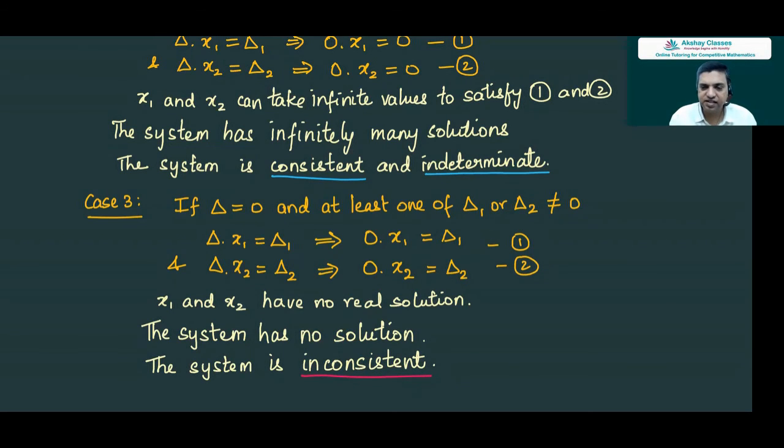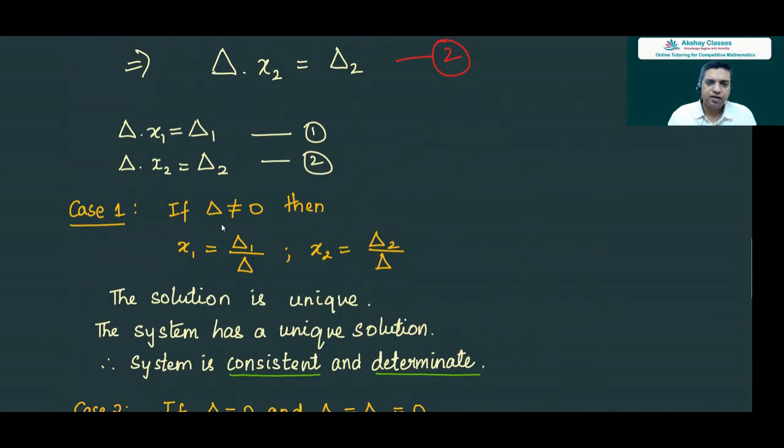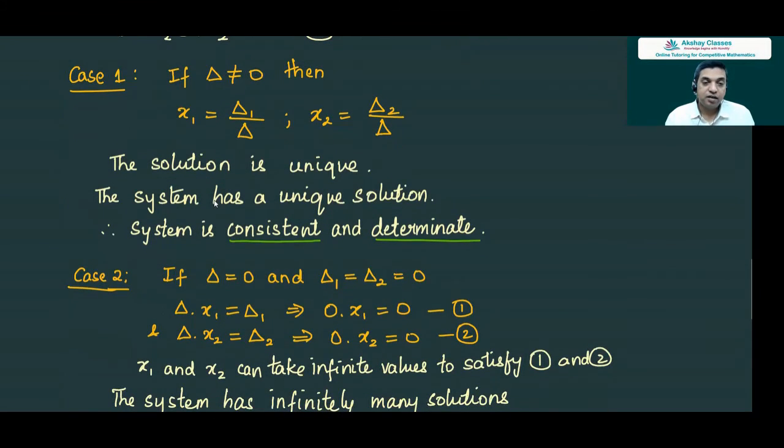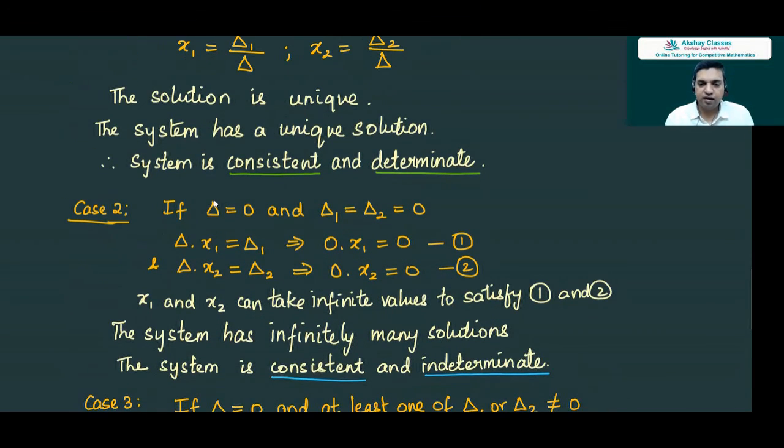Clear? These three cases: you get a unique solution if delta, the determinant of the coefficients of the unknowns, is non-zero. So the system is consistent and determinate. You can get many solutions if the determinant of the coefficients is zero, and in addition, delta 1 and delta 2 are also zeros.